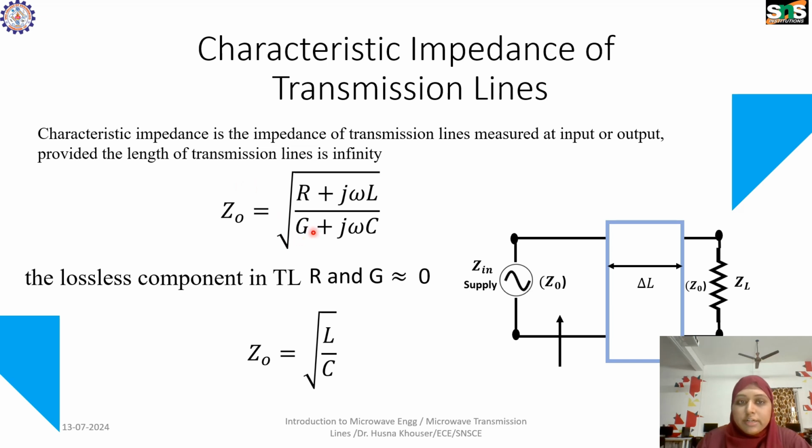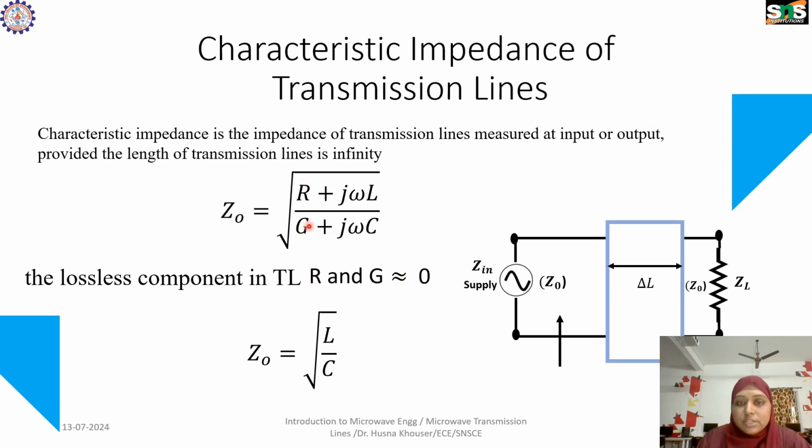For any infinite transmission line, the characteristic impedance is Z0 equal to root of R plus j omega L divided by G plus j omega C. For a lossless transmission line, because the R and G components are very small, we can make them zero, negligible conductance and power loss. So we make R and G equal to 0.